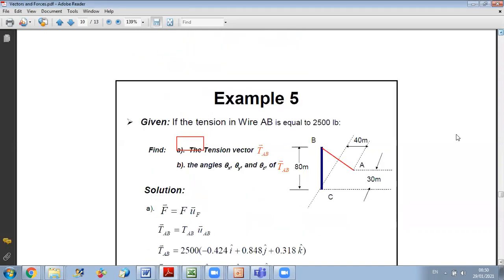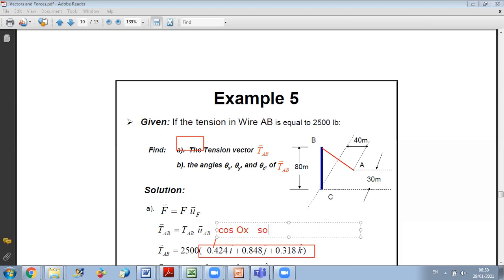Exactly. Because look, if I want to use the unit vector, then I can say that the first component of the unit vector is cosine theta x. So from here, theta x is equal to cosine minus 1. Here I don't have to divide by anything because already the magnitude is 1.